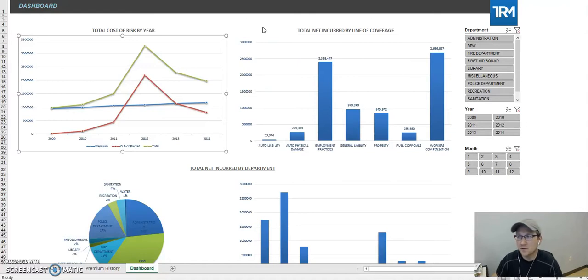Talking about the overall purpose of this, it is to take a more calculated and proactive approach to risk management and loss control. A lot of self-purported risk managers out there really just have a prescription that they give to every single one of their clients, and it doesn't really get very tailored.